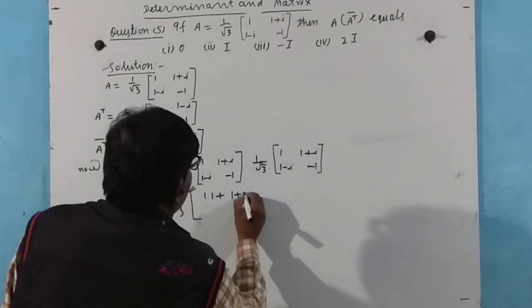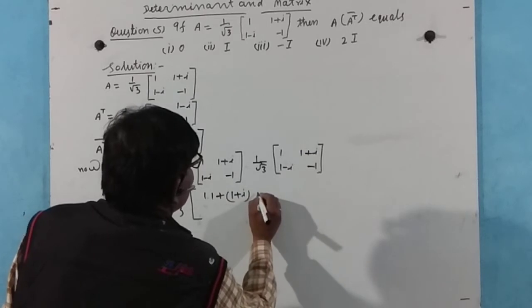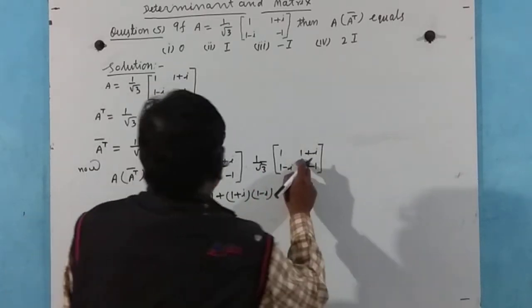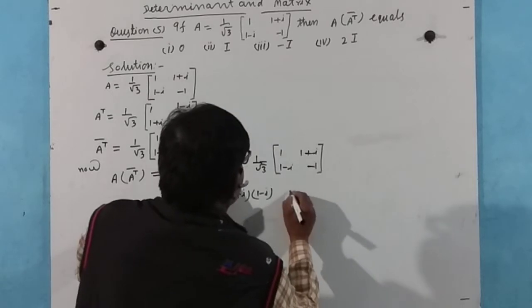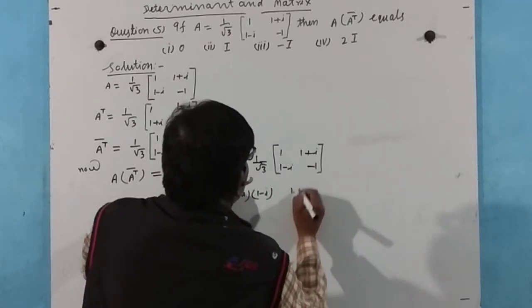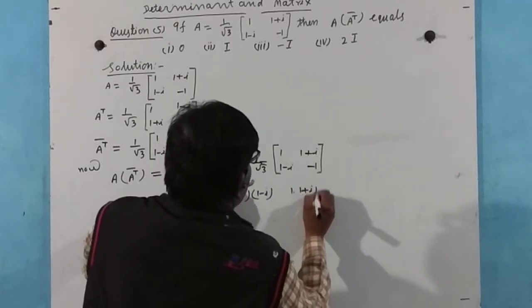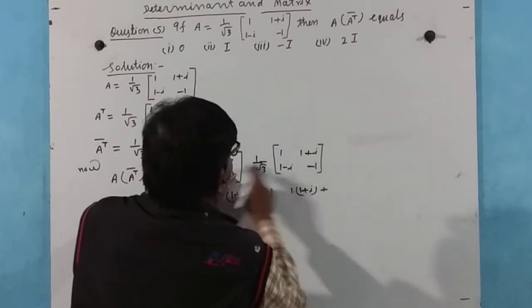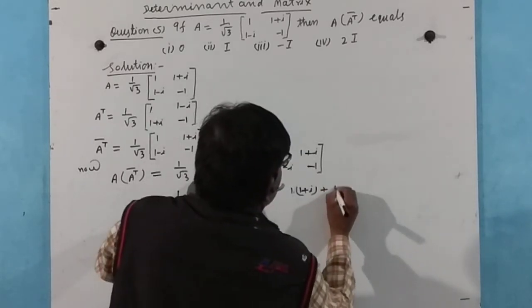Again row by column, 1 into 1 plus i, plus 1 plus i into minus 1, and so on for each element.